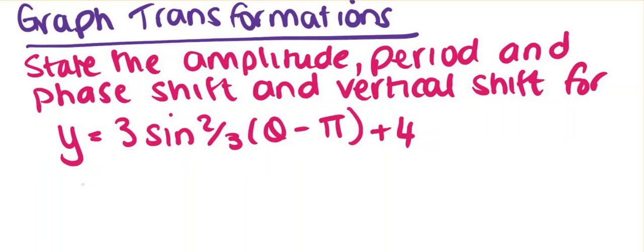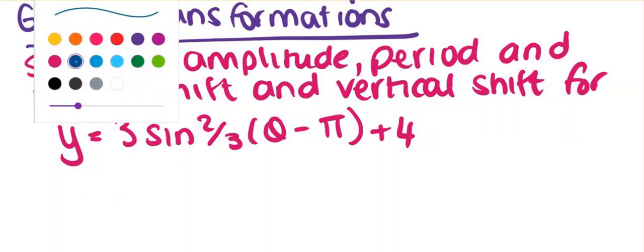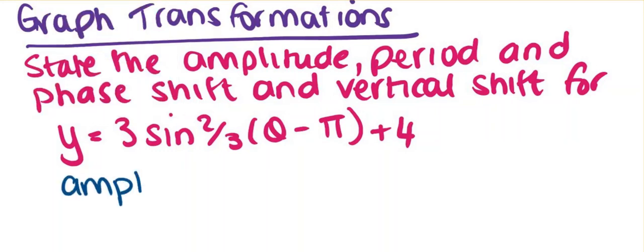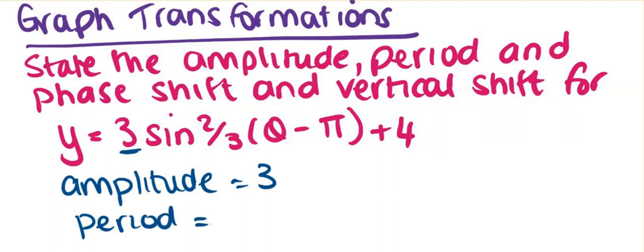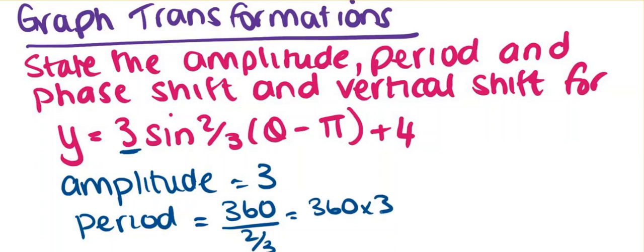First of all, the amplitude is going to be 3. And the period, we can say 360 divided by 2/3, which will be 360 times 3 divided by 2, which is 540 degrees.